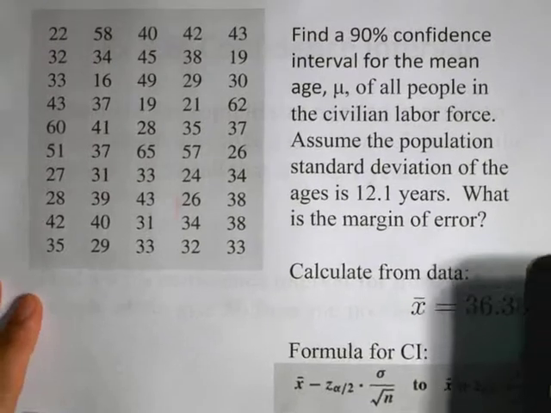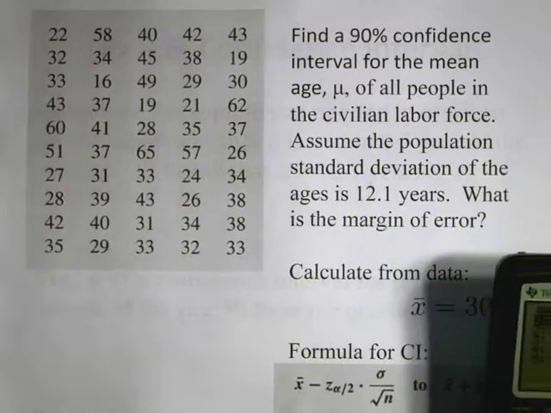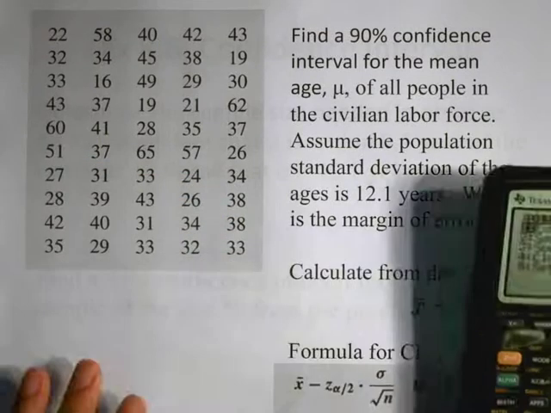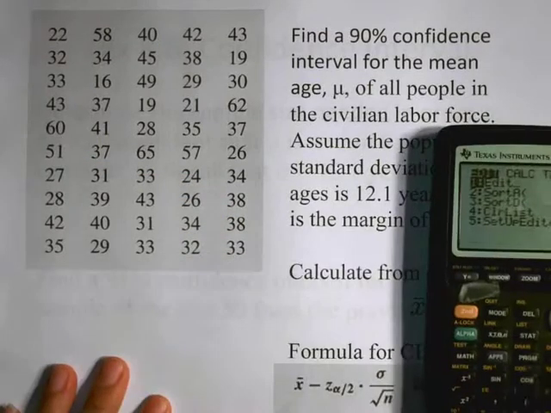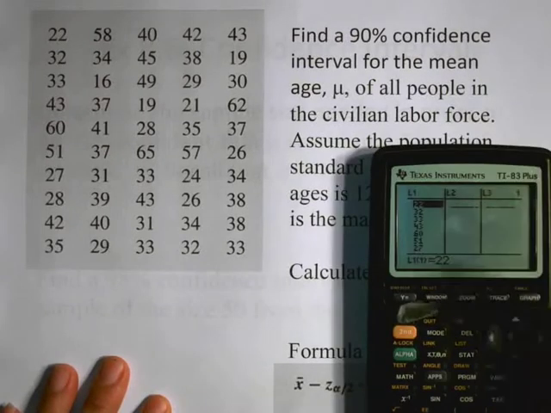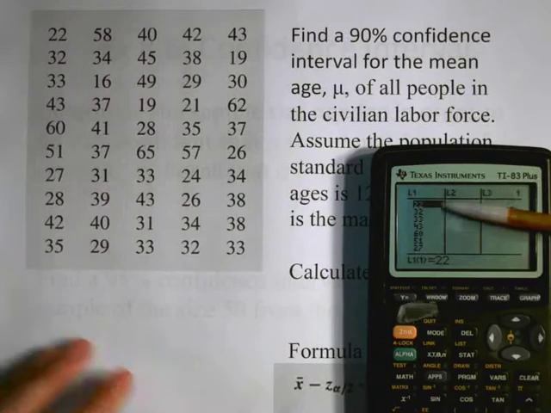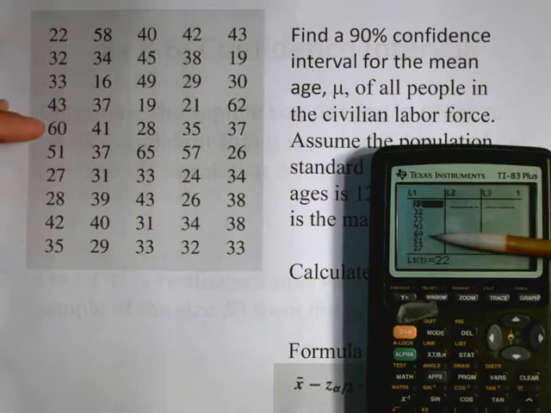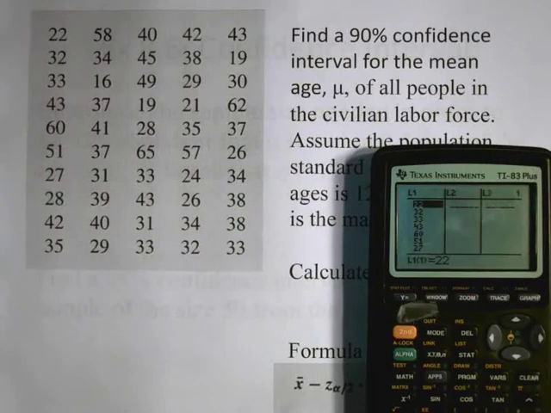Here's our data set. So here's our 50 ages of people, and there's our problem restated. We're looking for the 90% confidence interval. And I've actually gone in and put this whole data set in here. So it goes 22, 32, 33, 43, 60, 51, 27, and I put in my whole list, all 50 items.